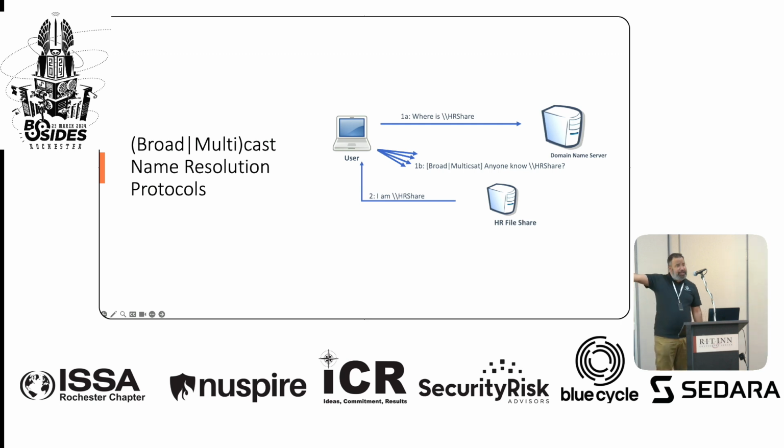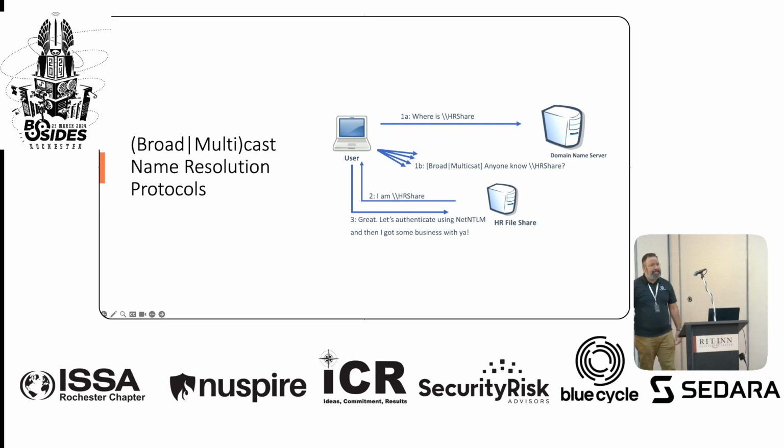Hopefully it is actually the HR file share that responded. And what they respond, we authenticate over NetNTLM. Kerberos can also be used, but most likely we'll do NetNTLM because we prefer that in the Windows world. Also, as an attacker, if I am pretending to be the HR share, I can enforce NetNTLM with me.